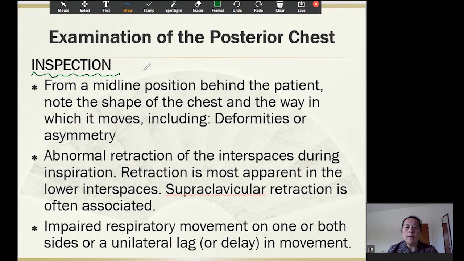So basically we're looking at shape changes, and whether the patient's chest moves with respirations. Both sides should be the same and the shape should be normal. That's from our inspection.